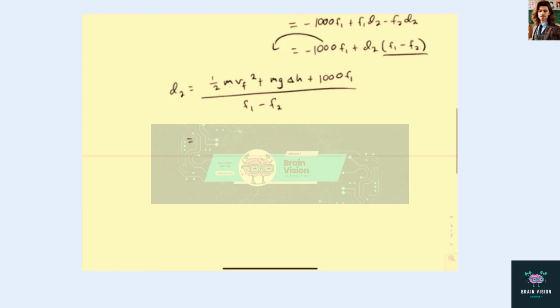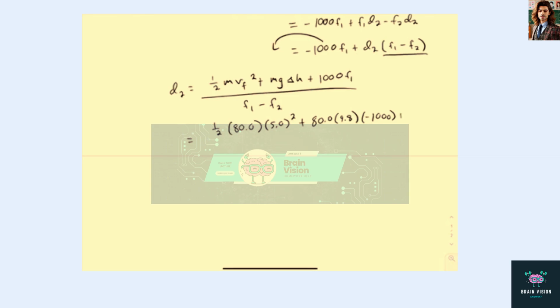Now we'll plug in all these numbers. We get 1/2 times 80 kilograms times 5 meters per second squared plus 80 kilograms times 9.8, and again the delta h is negative, so it's minus 1,000.